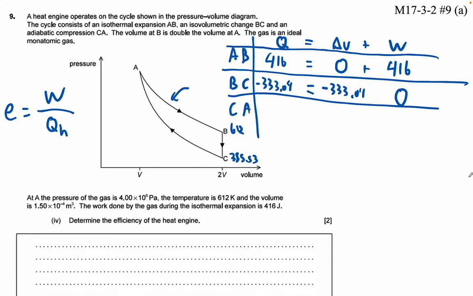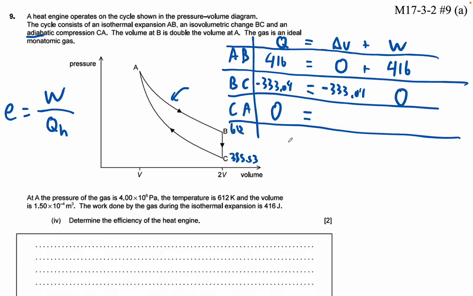Now for CA, we knew that the net heat flow is 0, and that's because it's adiabatic. That's an adiabatic compression. So that's what that means.